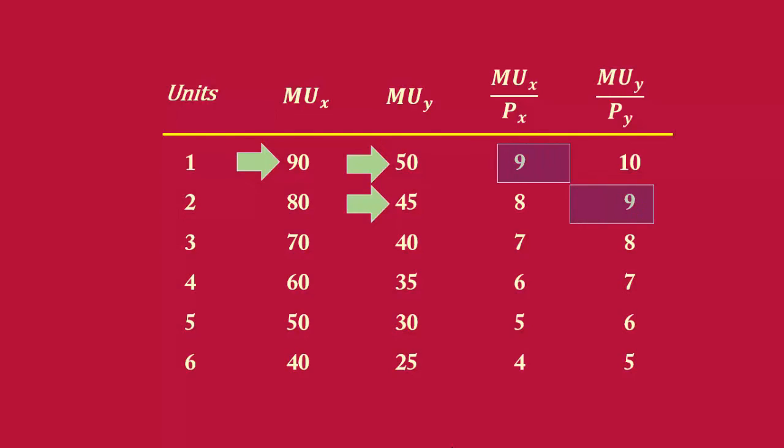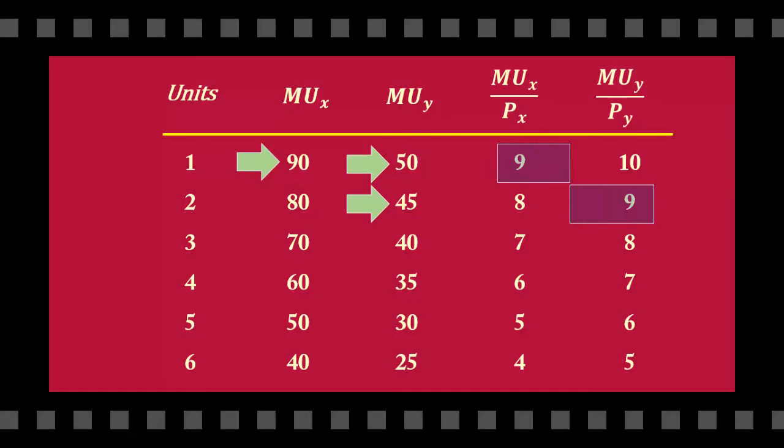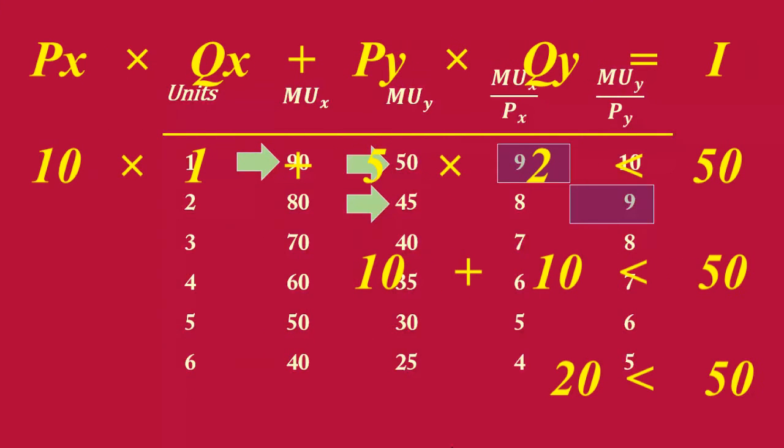They are equal. He examines whether the combination exhausts his entire income.